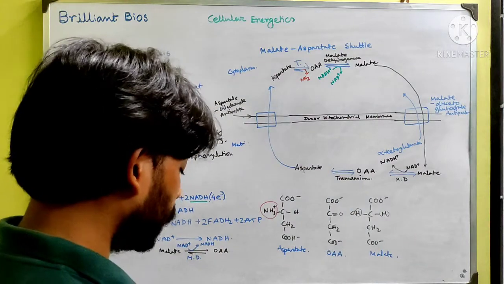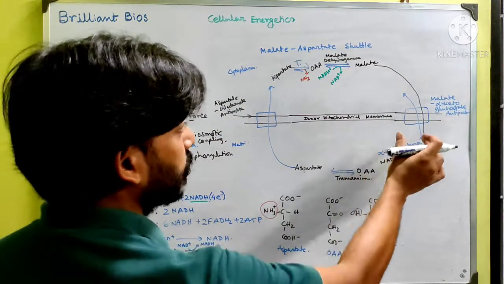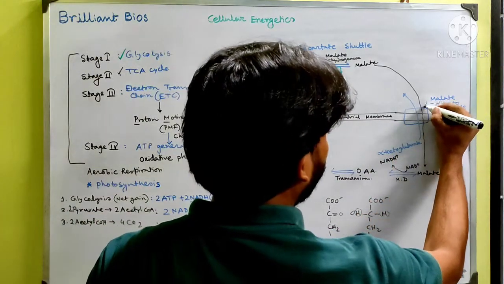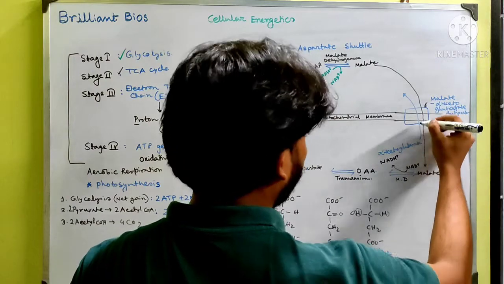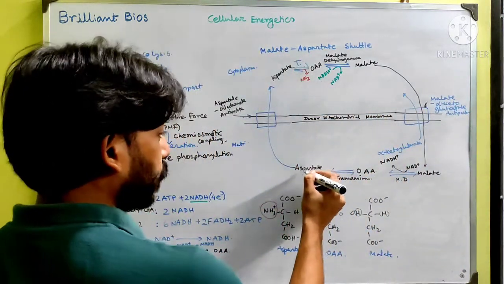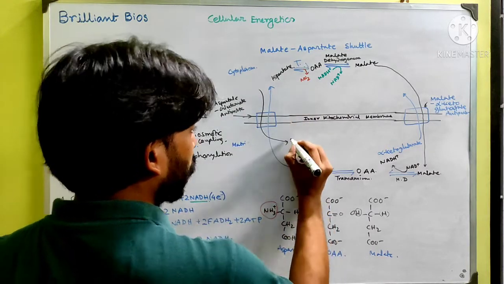Now the story comes here for the glutamate and alpha ketoglutarate, because I have mentioned this is the antiporter. If one malate comes inside the matrix, one alpha ketoglutarate should come out, and if one aspartate comes out from the matrix, one glutamate should come in.